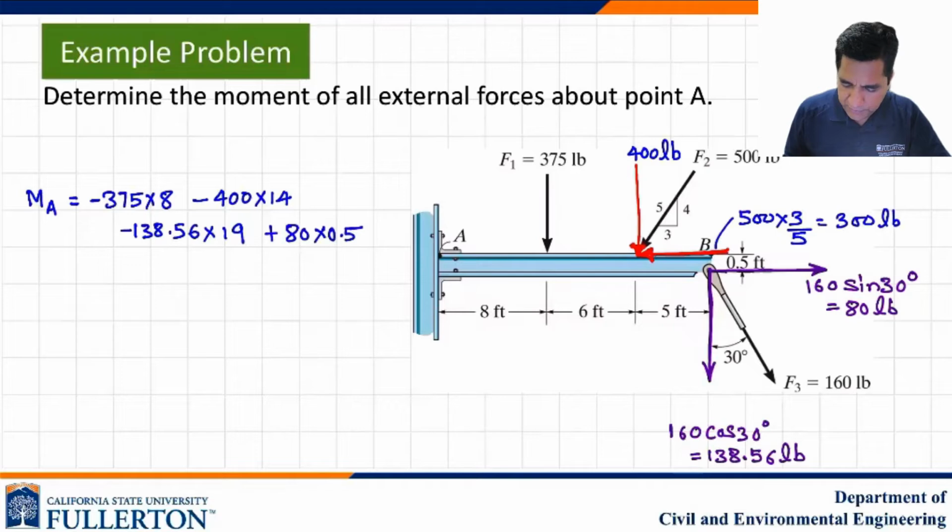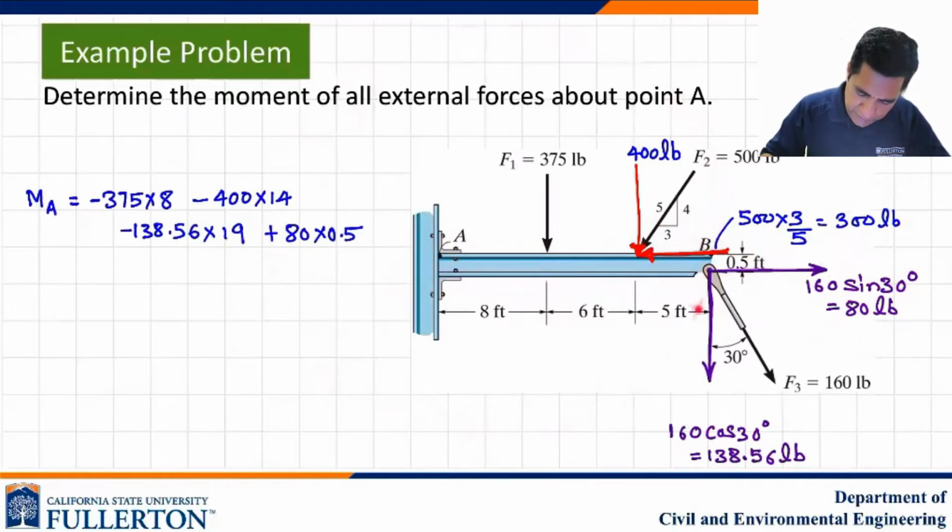Now, horizontal forces, let's go one by one. This horizontal force is passing through point A, so the shortest distance is actually 0. So the 300 pound force is not going to cause any rotation about point A. But the 80 pound force that we have here is not passing through point A. It's actually away. So if you are at point A, this force will try to rotate like this.